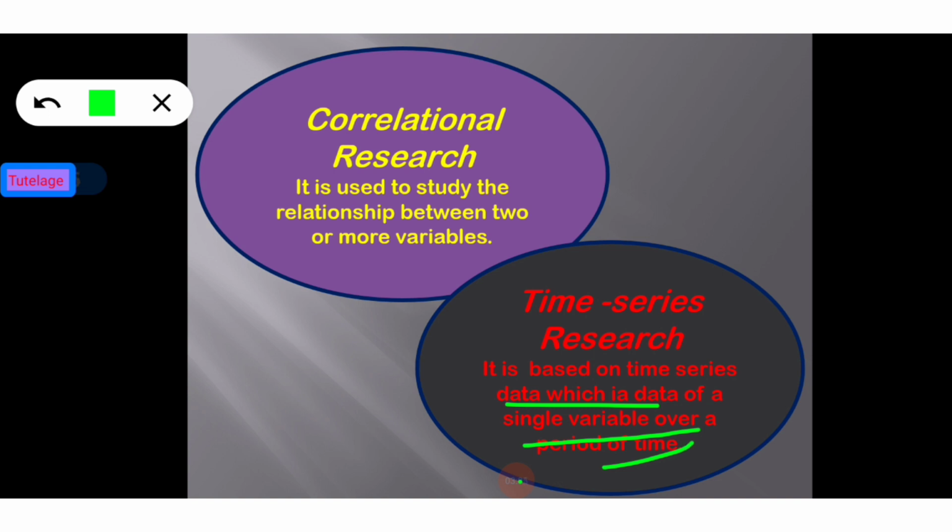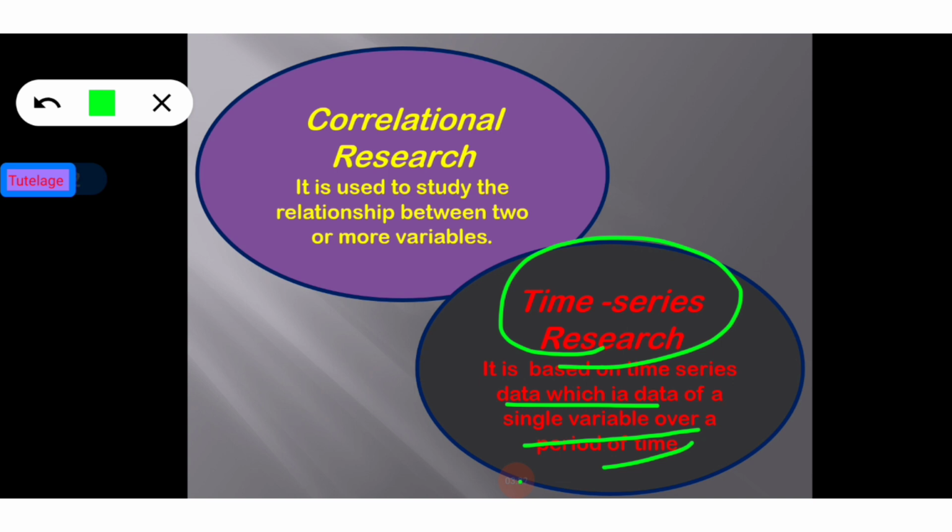Clear? So the data of a single variable given over a period of time is called time series research. What is an example? The data on the production of wheat in India from 1960 to 2022 is a perfect example of time series research. So I think this is clear what we mean by time series research.